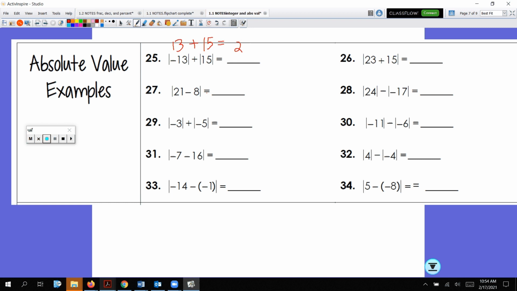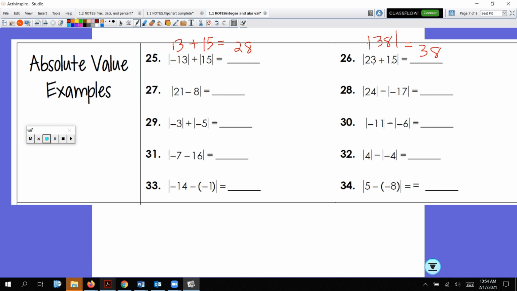That gives me 28. For 26, they are both inside the bar, so you can go ahead and combine those together. That says 23 plus 15 is the absolute value of 38. Well, how many units away from 0 is 38? It's 38.